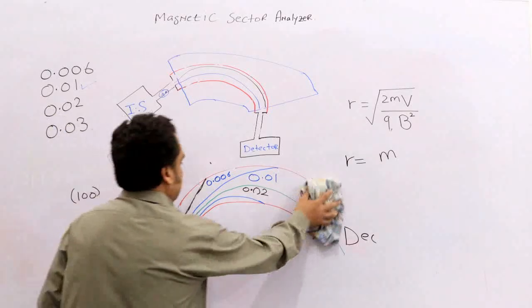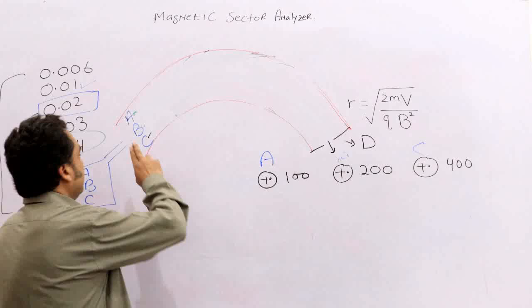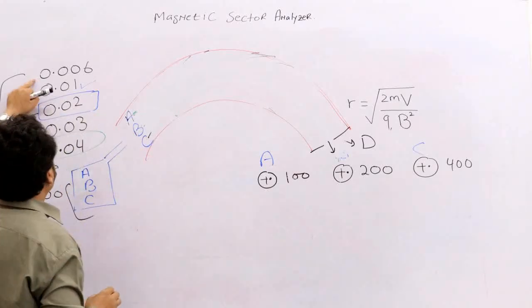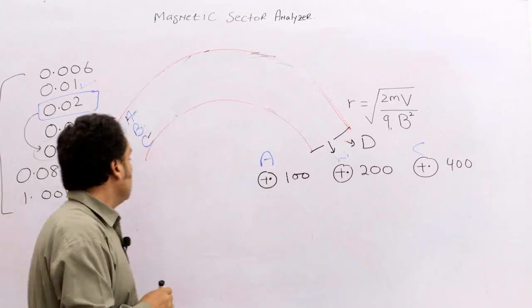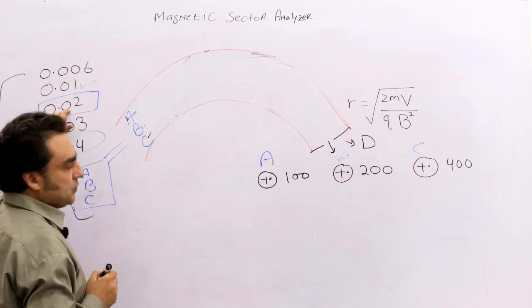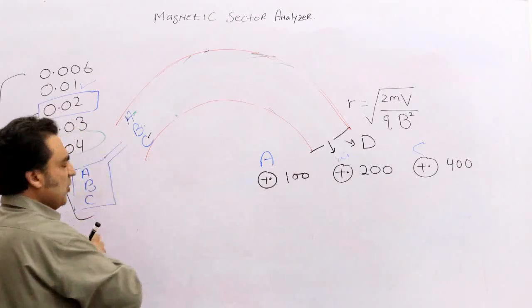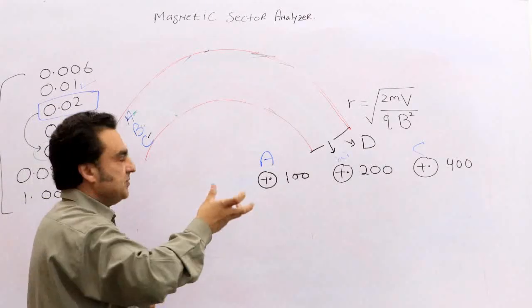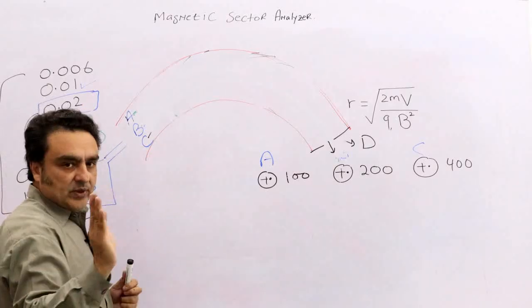Okay, let me erase this. As you increase the magnetic field by rotating your knob, suppose it reaches 0.02. Knob means button. What will now happen?